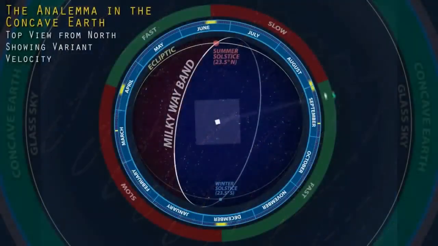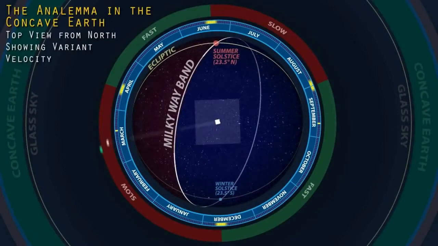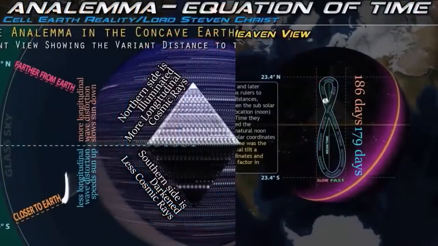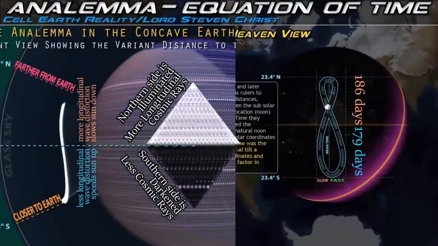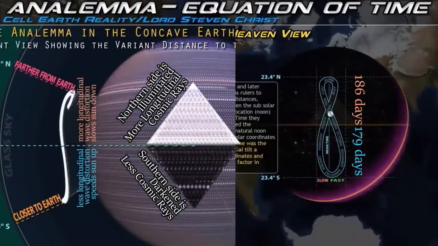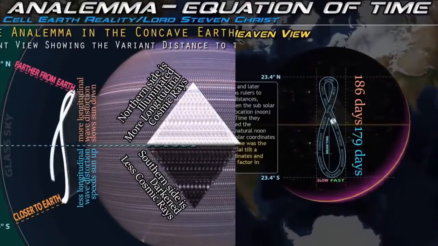So right here is the Milky Way band. And so when the back part of the sun crosses that, and the interference from the cosmic rays entangle with the collimated light hitting the back of the sun, it actually slows it down. So that's what we're getting.